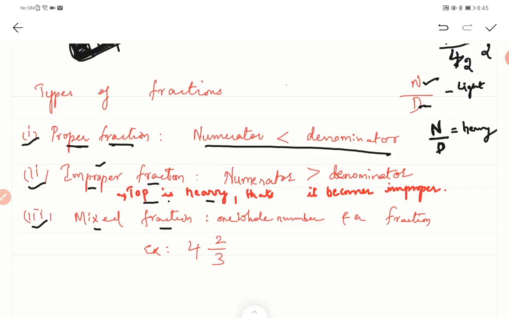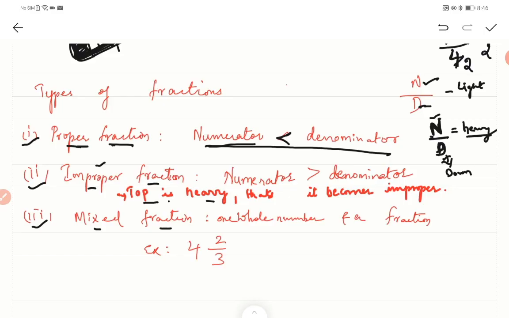If you are confused between numerator and denominator, remember D for down. So N will be at the top, numerator. So what is an improper fraction? Whenever the top, that is the numerator, becomes heavy, the fraction becomes improper. And the opposite of that, the proper fraction, has a numerator always less than the denominator.